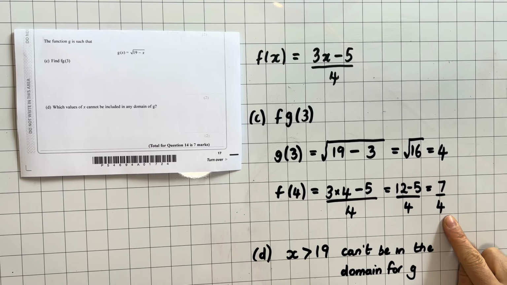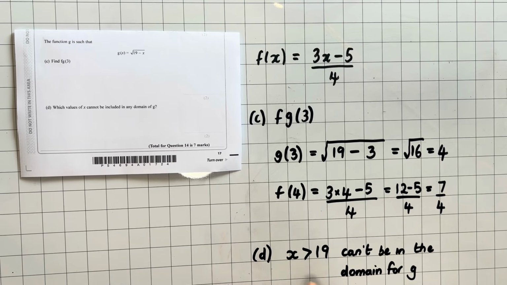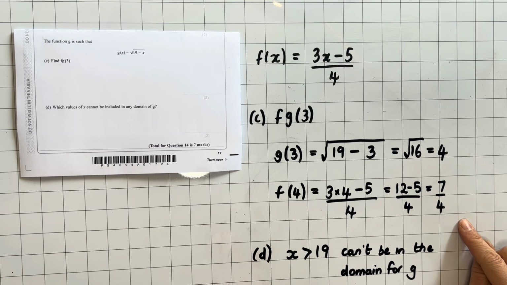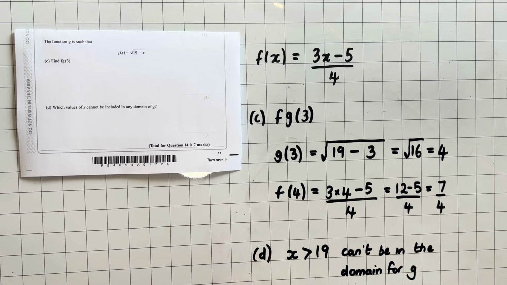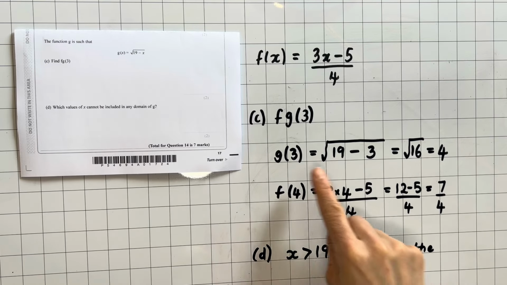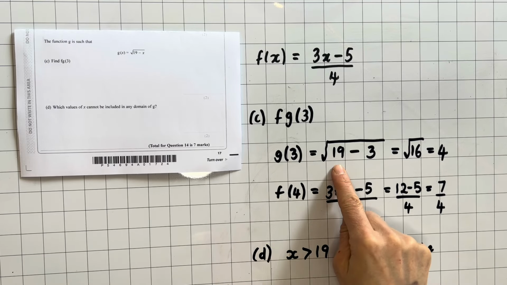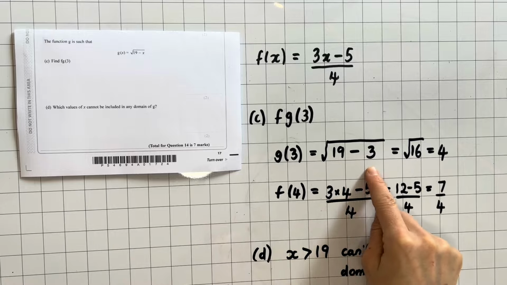If you found the answer 7 over 4 or 1.75 and x is greater than 19, then you will get all 4 marks. Otherwise, there are 2 marks available for part C. The first mark is available for substituting the value of 3 into function g.